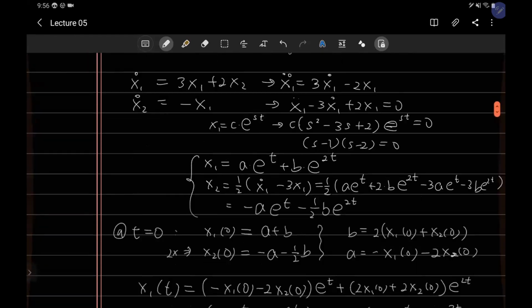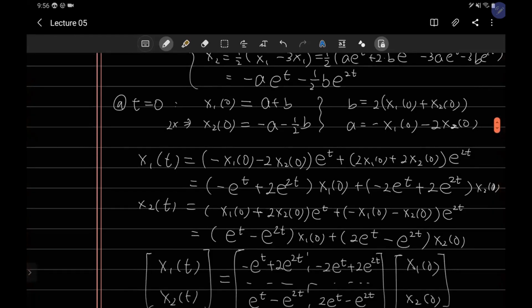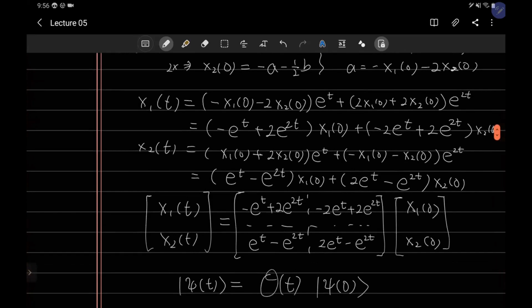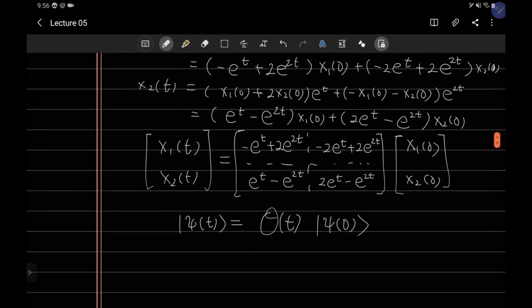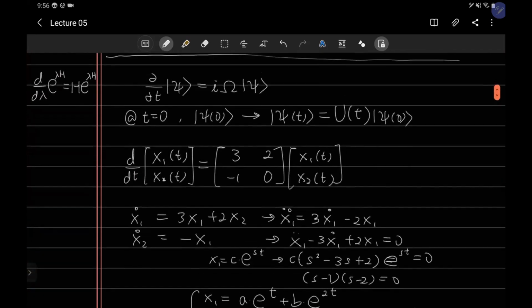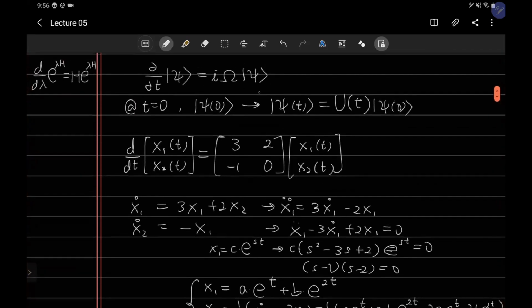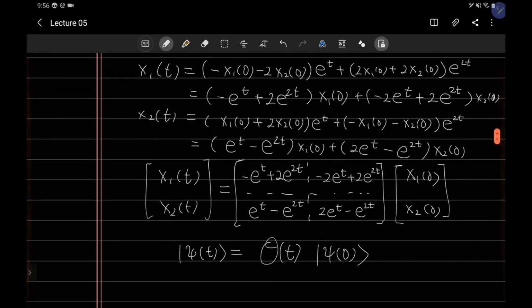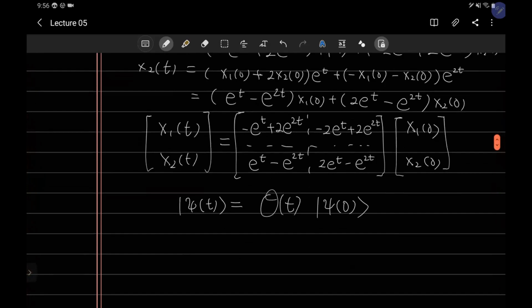So now what I want to do is convert the given differential equation, which was given here, into an equation for the u of t. So how can I do that? Well, that's relatively simple.